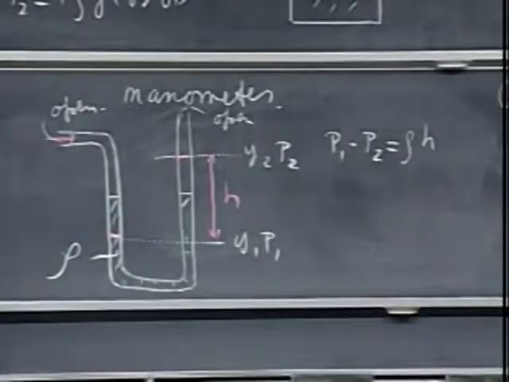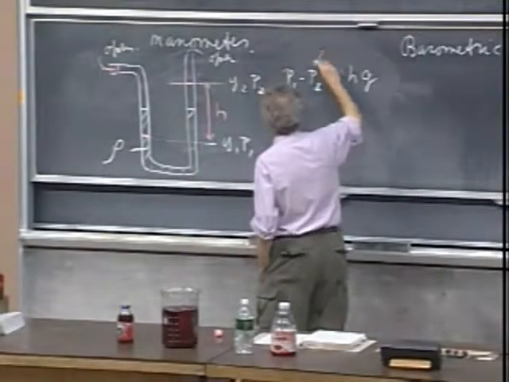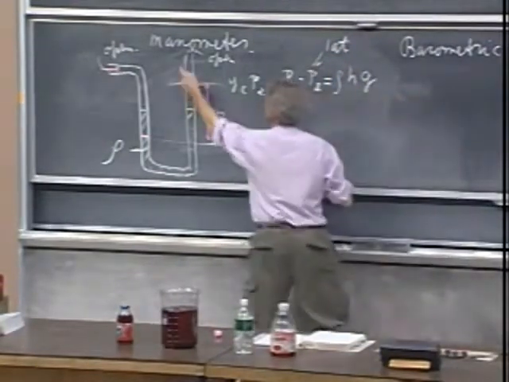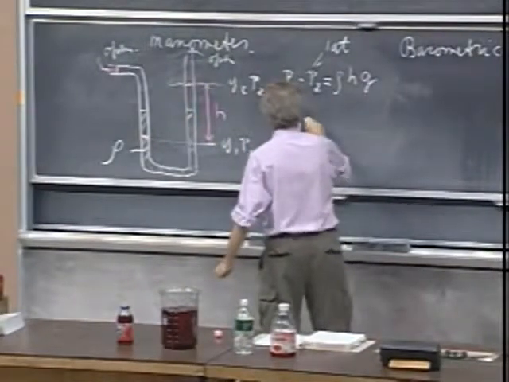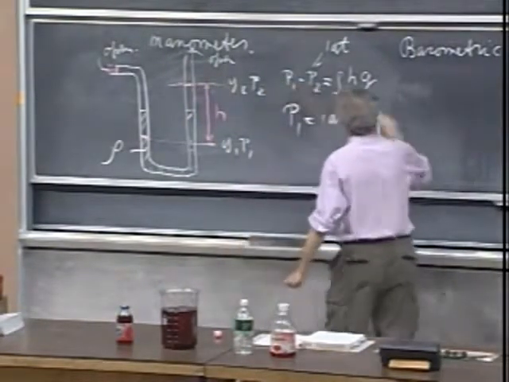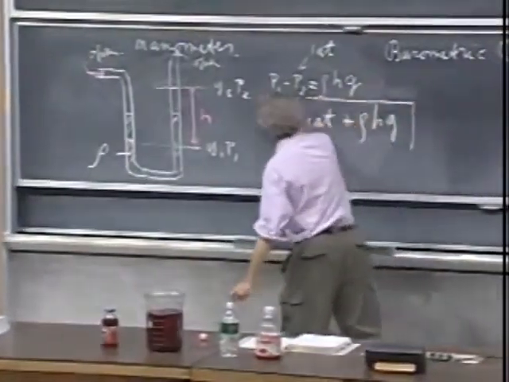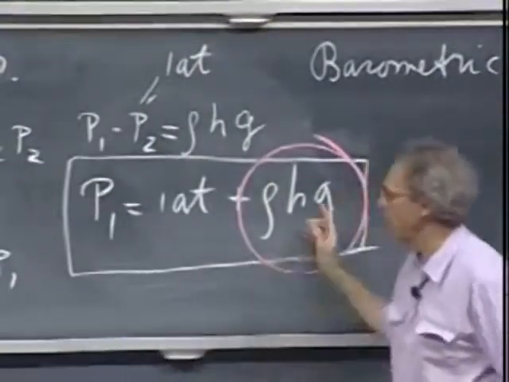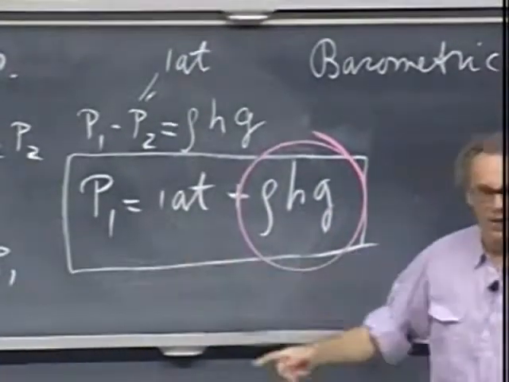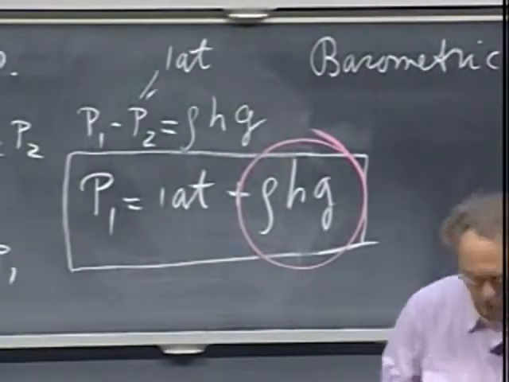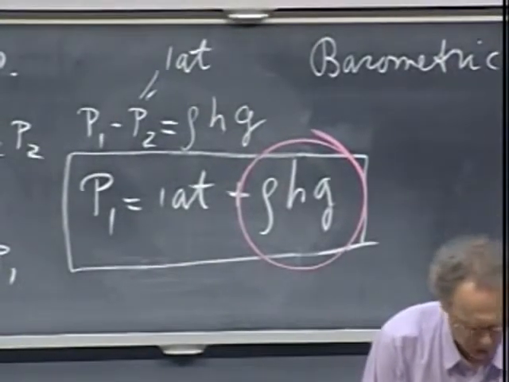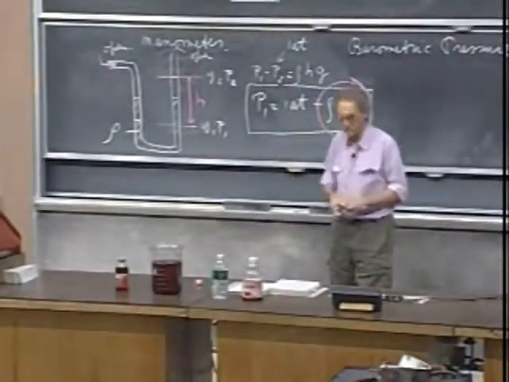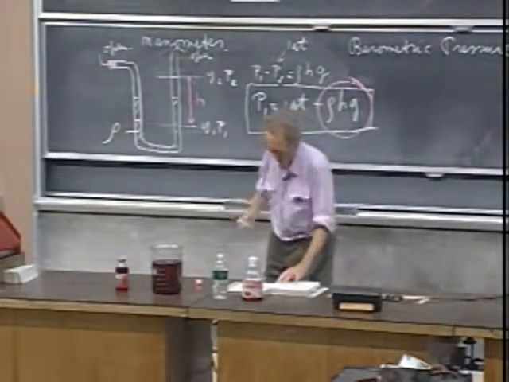I know that the p2 level is 1 atmosphere. That's open to the world. So p1 equals 1 atmosphere plus rho h g. And so what my manometer indicates is how much pressure I can generate over and above the 1 atmosphere. And we call that overpressure. We often work with overpressure gauges when you go to the gas station and you have your tire pressures measured. The pressure in your tires is also a gauge which measures the overpressure.